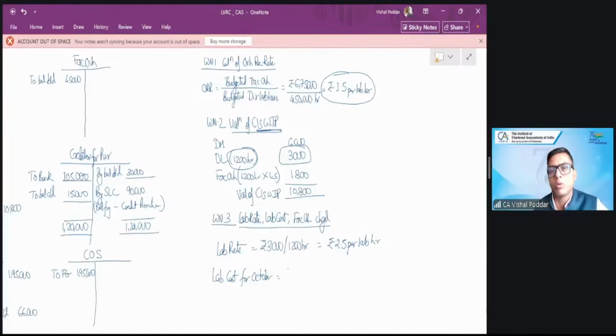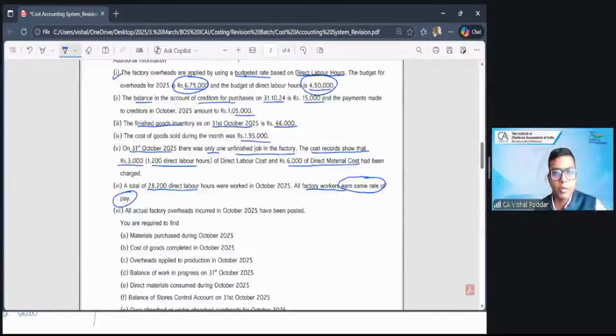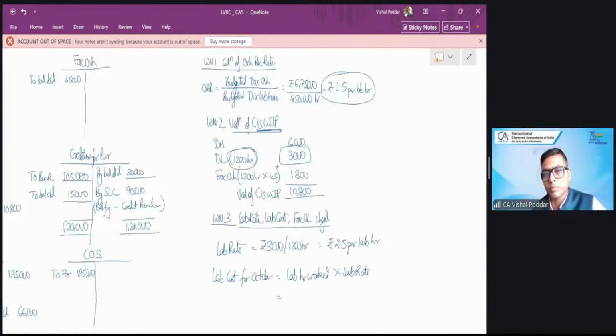How? Labor hours worked into labor rate. How much is the labor hours worked? 28,200. So 28,200 into 2.5 is coming to 70,500.